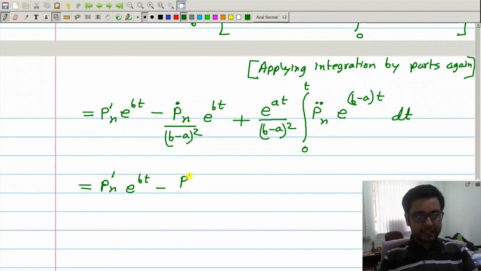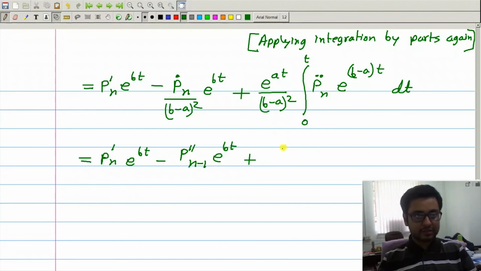So I can write that as p double prime, some new polynomial of degree n minus 1, and this constant b minus a could be absorbed in the coefficients of this polynomial. Then e to the power bt as it is, plus this term.